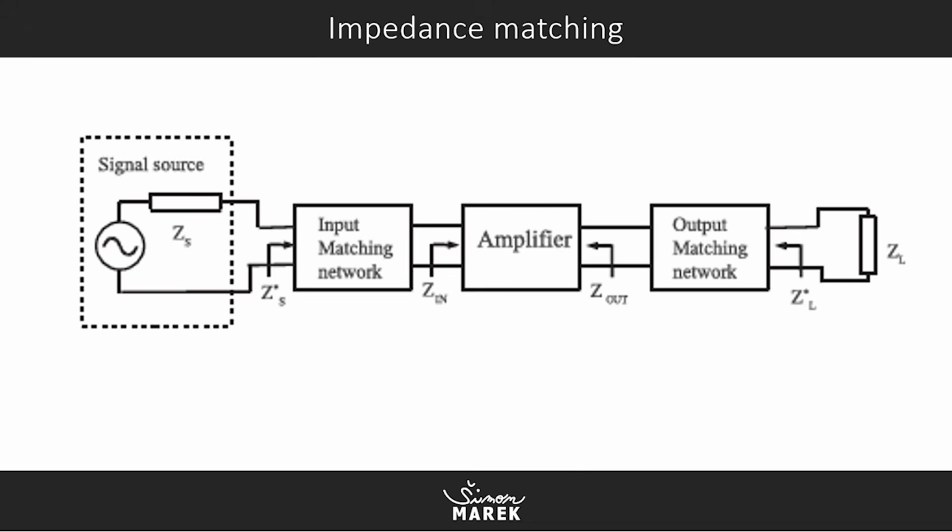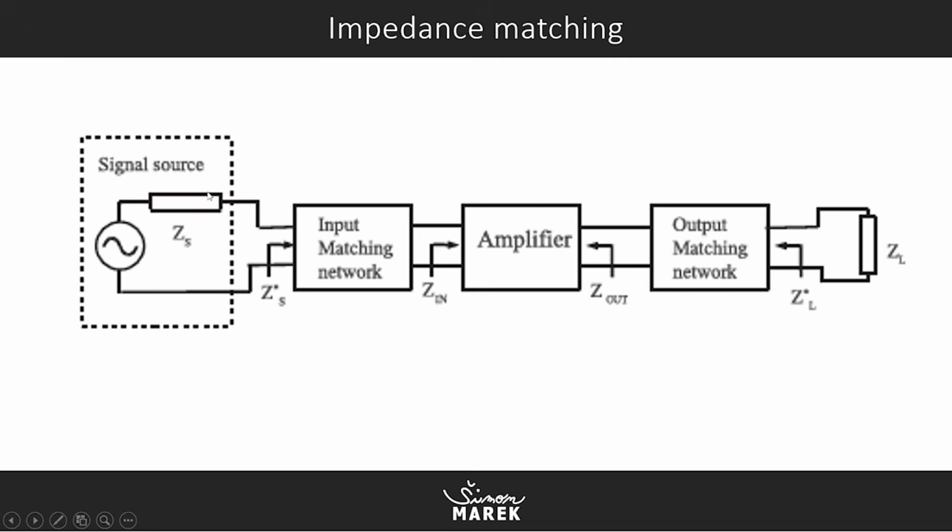This is a very important thing. Here is our amplifier in the middle, and in order to work very well and at the maximal performance, we really need an input matching network.